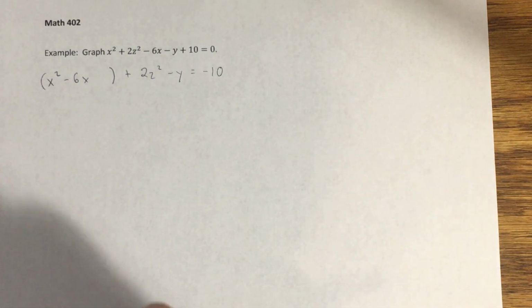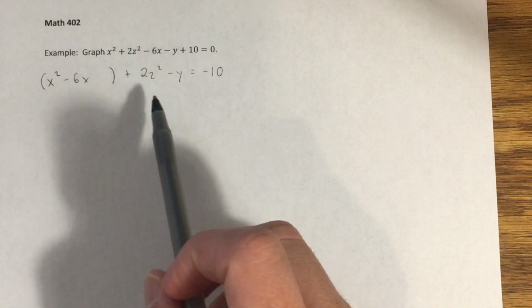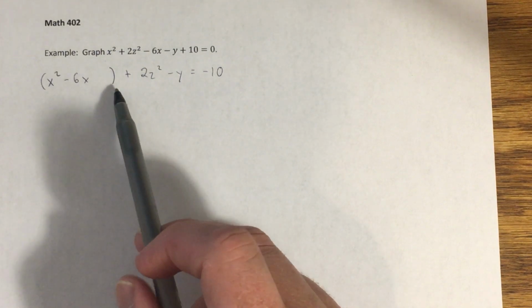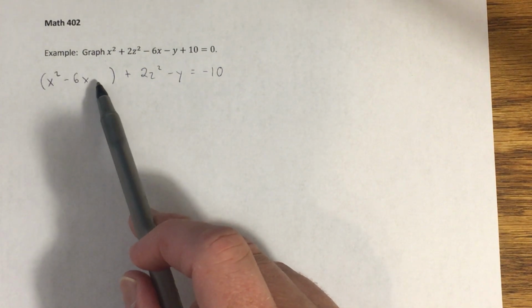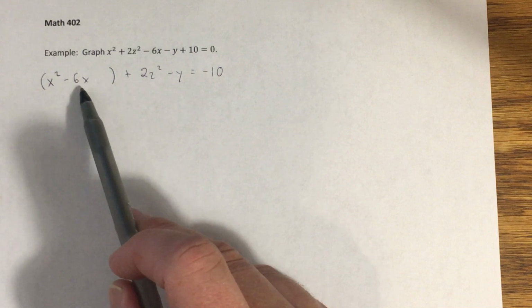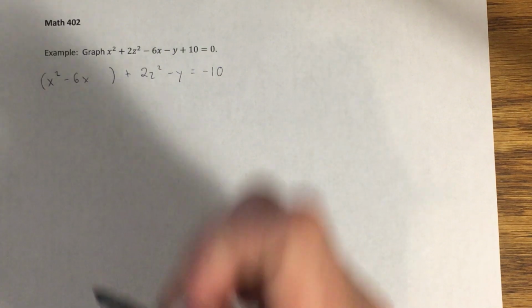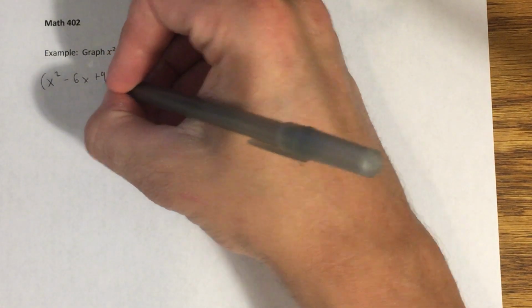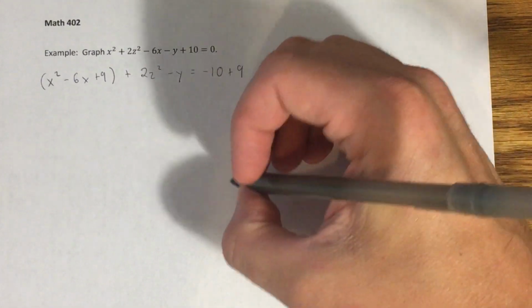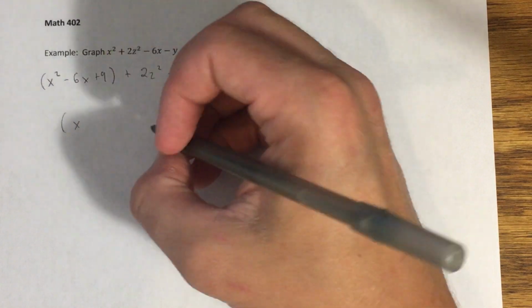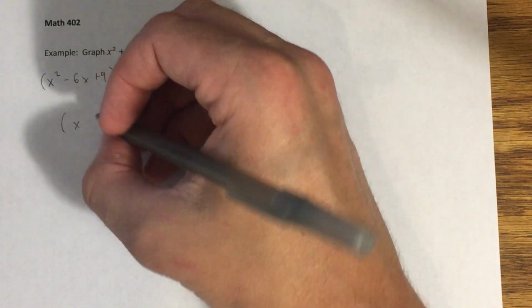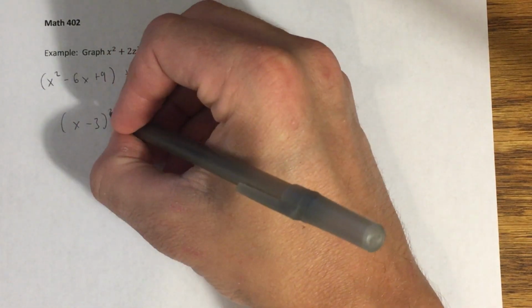Okay. Next thing I want to do is complete the square in the parentheses here. So half of the linear term is negative 3. If I square that, I get plus 9. And I need to add that to both sides. So this is going to factor down to x minus 3 quantity squared.